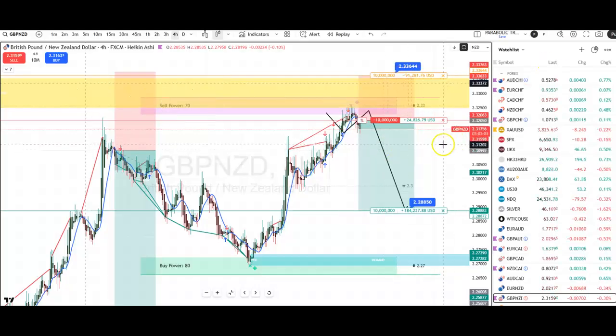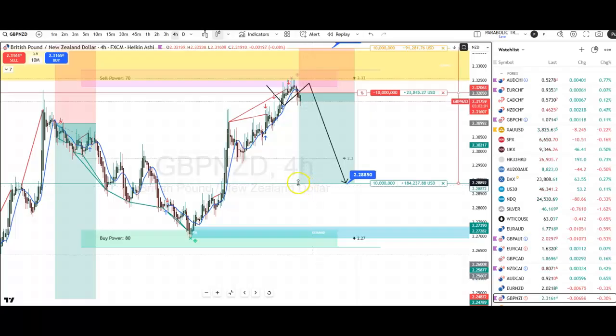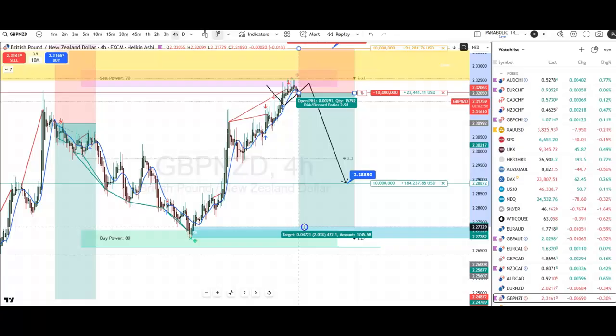We've gone for 2 to 1, but I think this will probably go down to 22732, down to that buy zone there. But that's okay, 2 to 1 is fine.